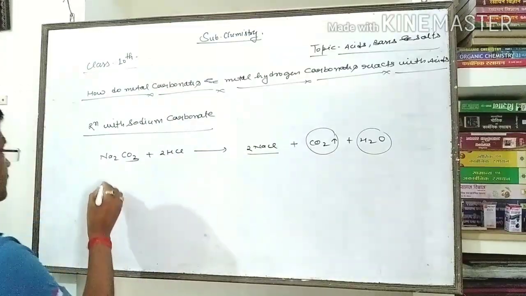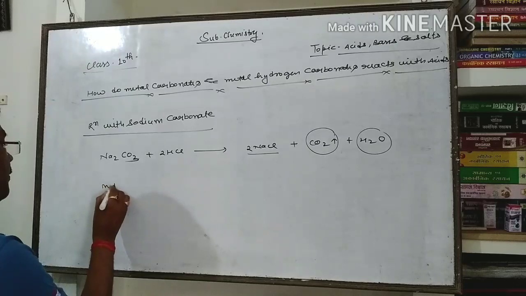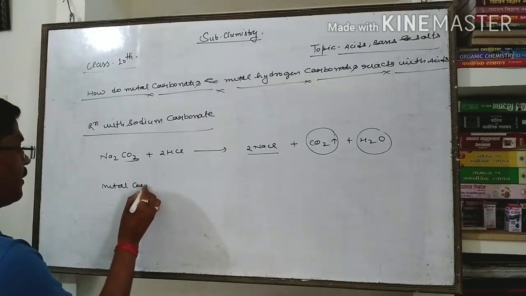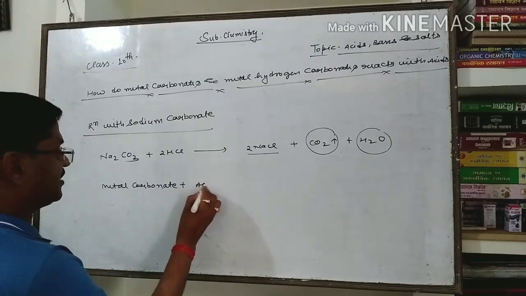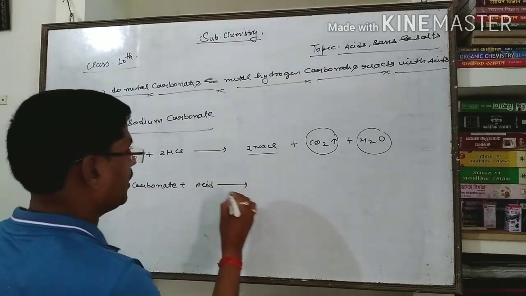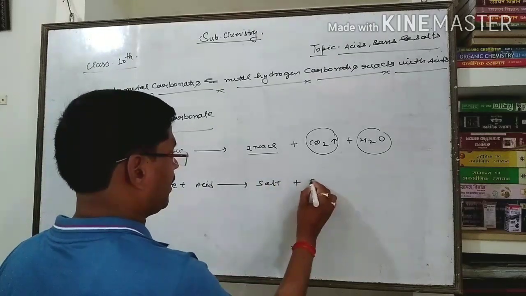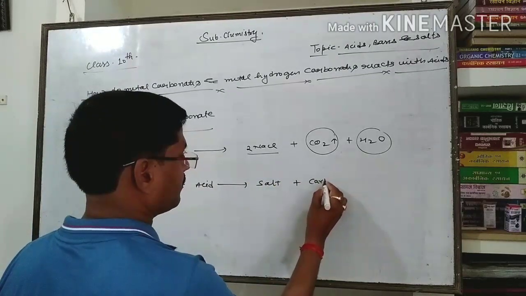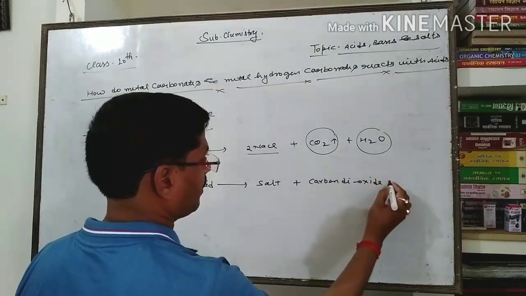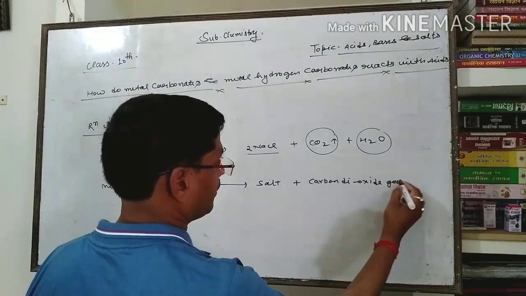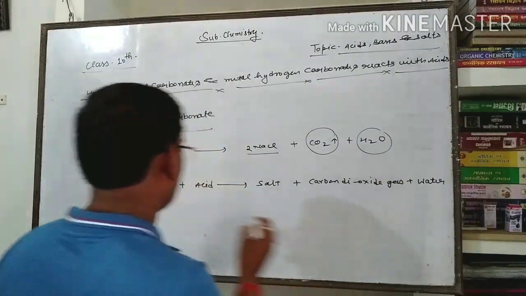So here, if I want to write it in words, it means metal carbonate plus acid gives salt, carbon dioxide gas plus water.